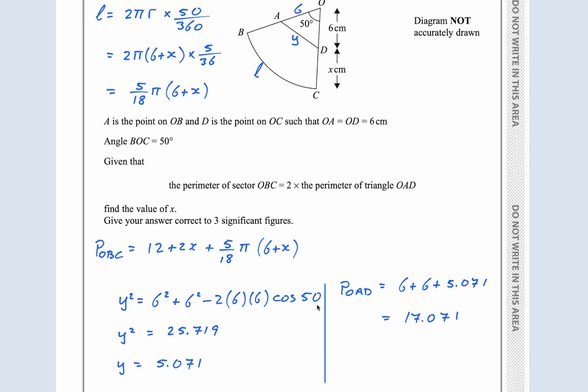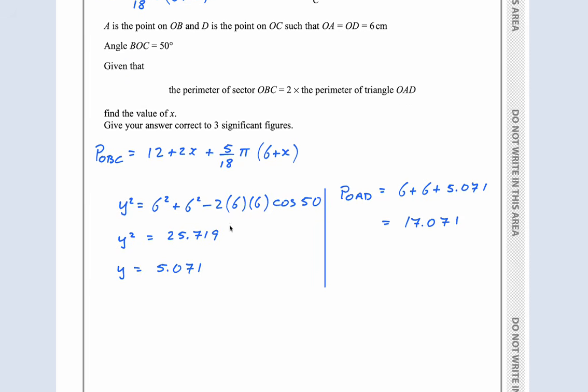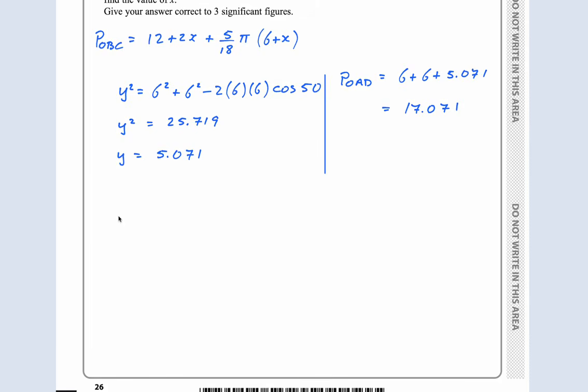Now I have this perimeter and this perimeter, and he says this perimeter is equal to 2 of these. So I can write an equation: this 12 plus 2x plus 5 over 18 pi times 6 plus x is equal to 2 times 17.071.